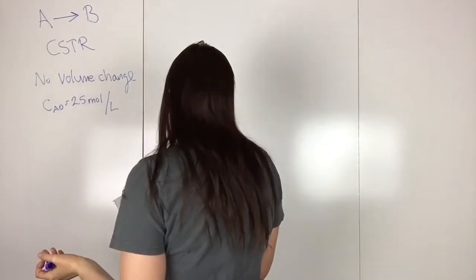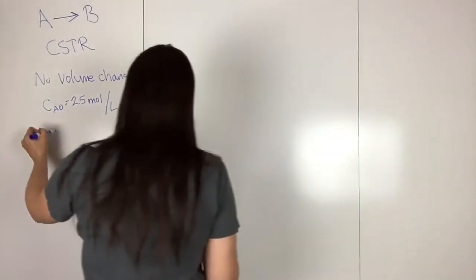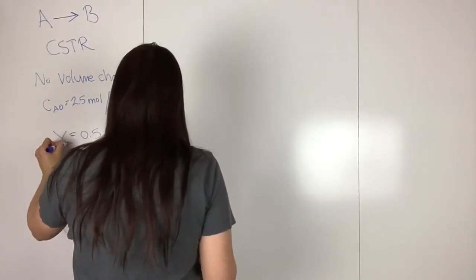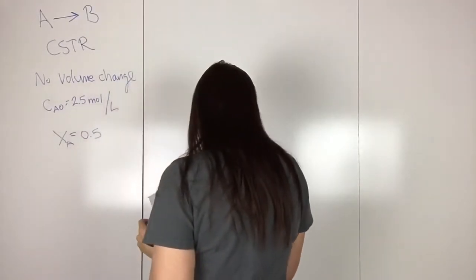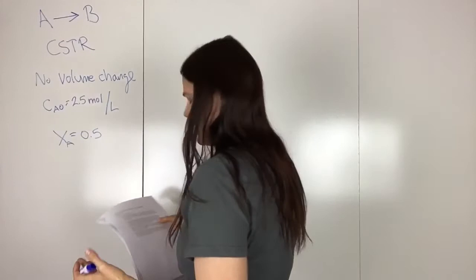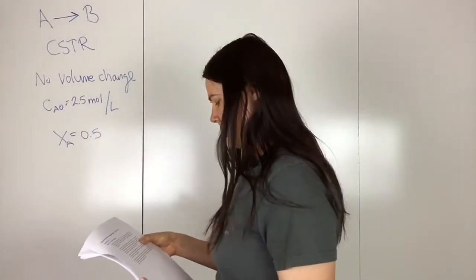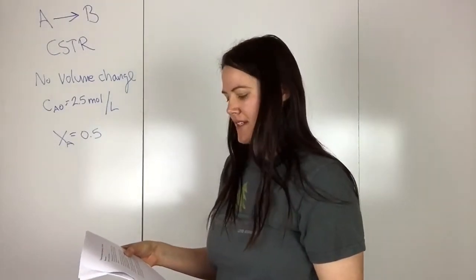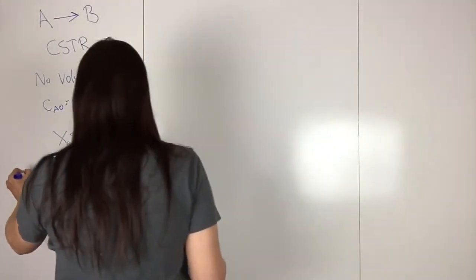So, and then you observe a conversion of X_A = 0.5. You wanted to achieve a higher conversion than 50%, so you ended up installing a PFR that you expected to get 63%.